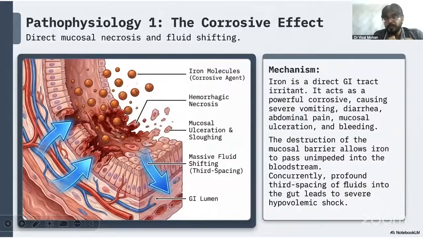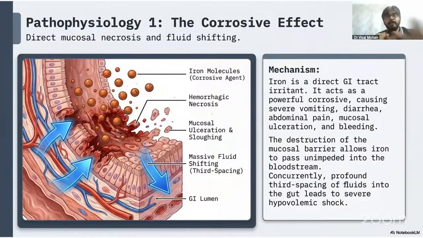Okay, in the GIT, it goes back from ferrous to ferric, Fe3 plus, which binds to transferrin, and it's usually stored in the spleen and liver. Usually iron binds to transferrin, ferritin, and to hemoglobin, myoglobin, cytochromes, etc.